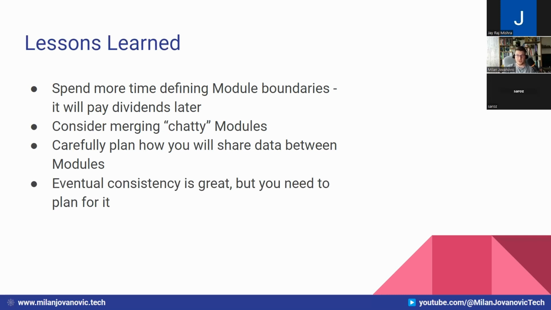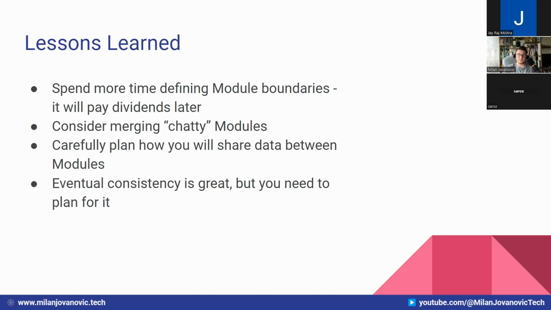Whenever some state change occurs in one of the modules, you just raise an event and let the other modules deal with it. Eventually, your system is going to converge into a consistent state. But the problem is exactly that, eventual consistency. You need to take into account what the implications of eventual consistency are on your user interface and your user experience.